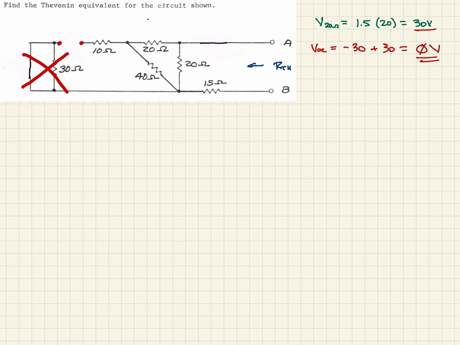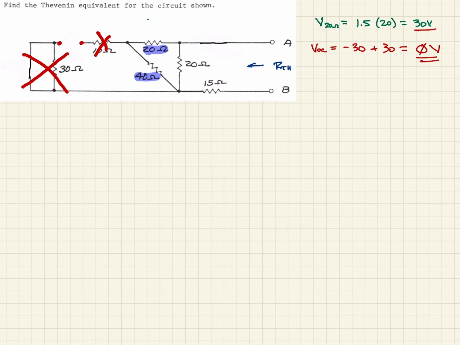So that's gone. And neither does this because it doesn't connect to anything. So then really what we have is these two, the 20 and the 40, now are in series. And so you could replace those with a 60 ohm resistor.